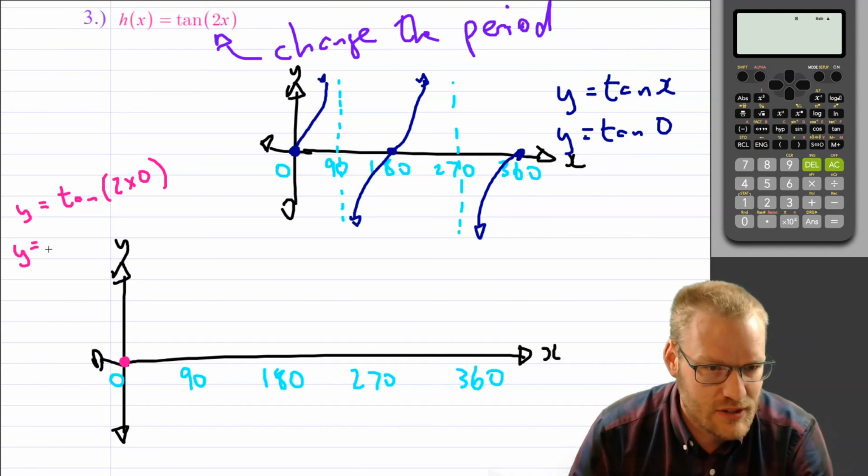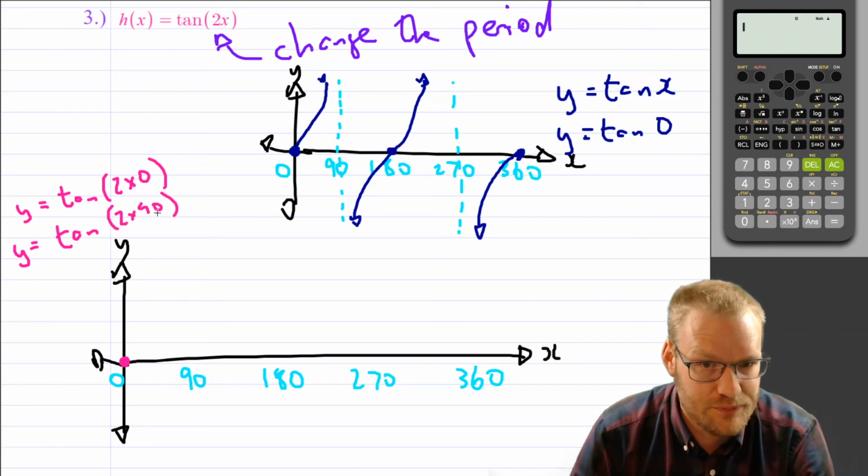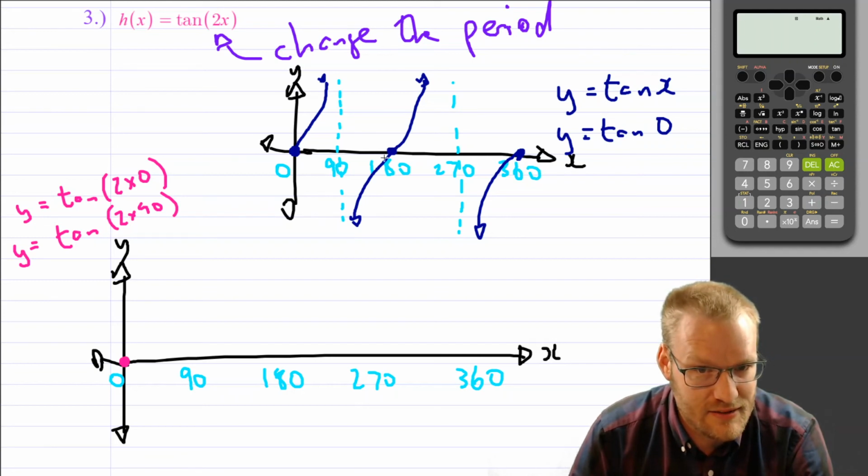Okay, let's keep looking at these 90, 180, 270. If we input 90 into our graph now, y equals tan of 2 times 90. That's going to be the same as tan of 180, so we should get 0 as our output.